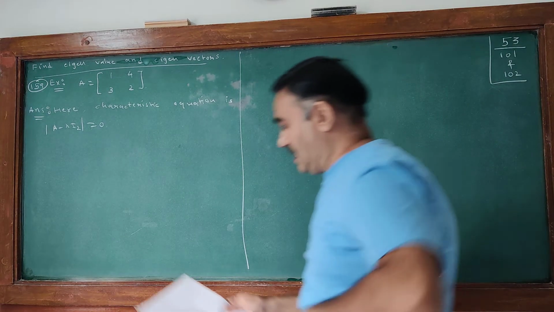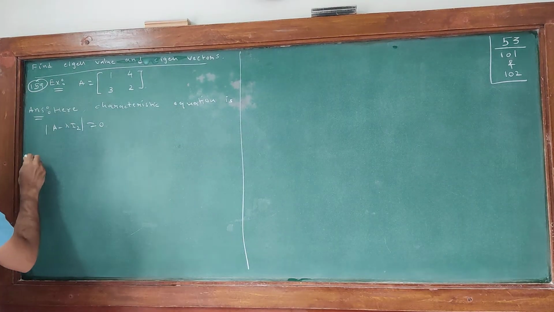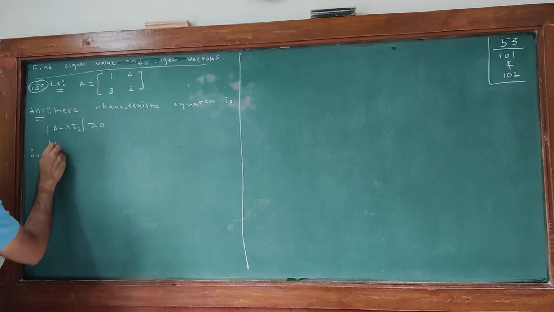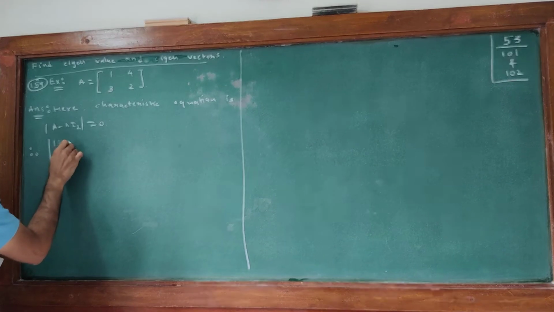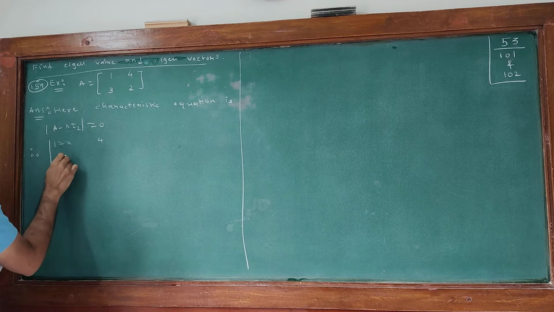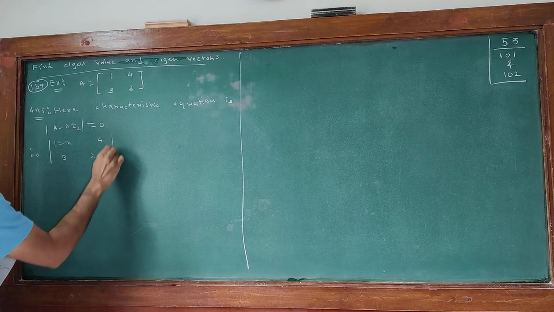Therefore, determinant of 1 minus lambda, 4, 3, 2 minus lambda equal to 0.